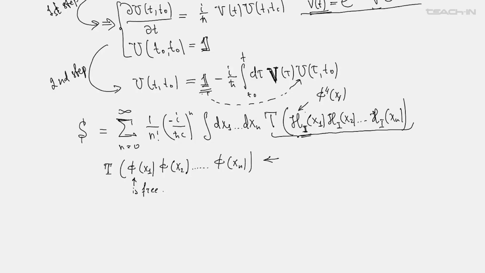And in order to compute this quantity, what does it mean to compute this quantity? Essentially, what you have to do is to bring this t-ordered product of fields to the normal ordered product.